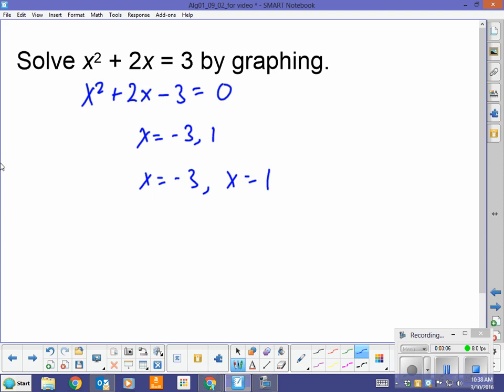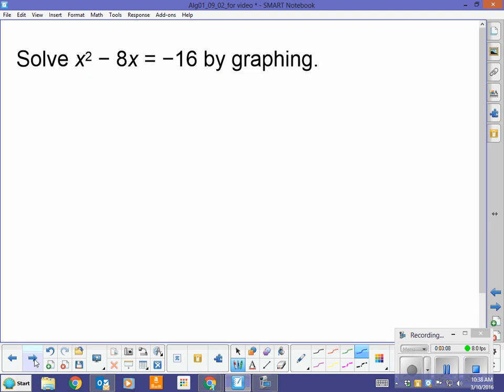Let's take a look at x squared minus 8x equals -16. I'm going to add 16 to both sides, and then I'm going to graph this.